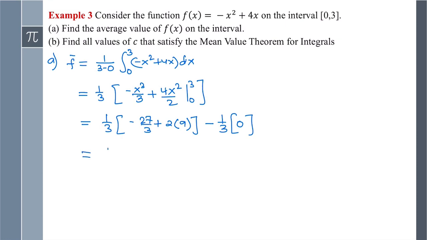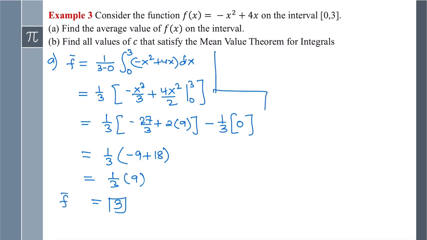So negative 27 over 3 is negative 9, plus 2 times 9 is 18, and that equals 1/3 times 9, which is 3. So that is the average value of the function.